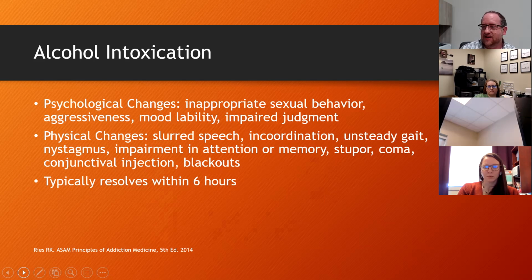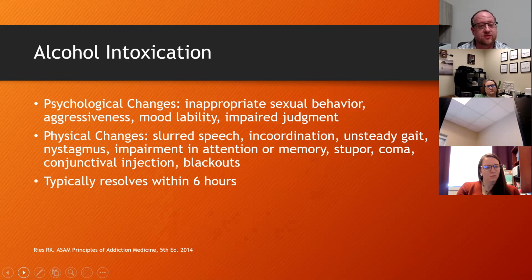So they may be calm and chill one minute and then angry the next minute. And then, of course, there's judgment impairment that occurs with alcohol, and that's due to effects of GABA in the part of the brain up front that helps you make good decisions. The braking system, as we call it, the judgment system gets impaired. And so people are more likely to do things they wouldn't do if they weren't intoxicated on alcohol.